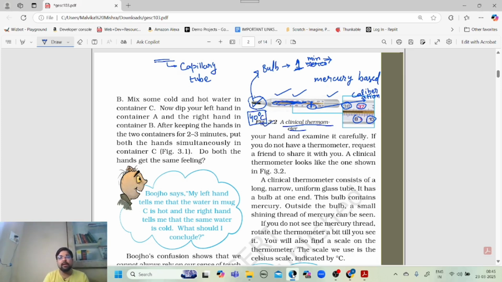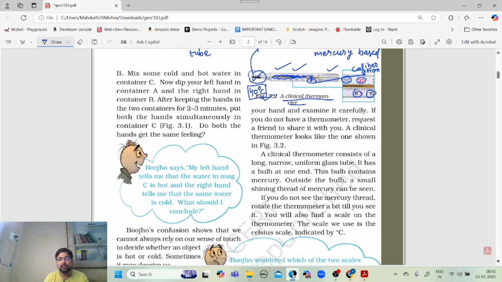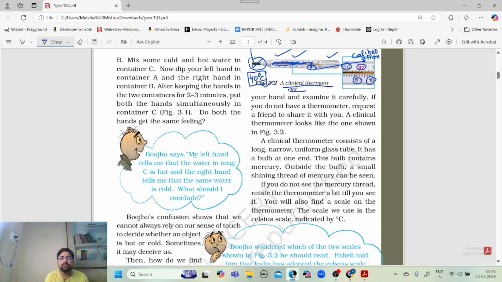Now suppose I ask you to use this thermometer and measure the temperature of ice water, the water which is as cold as ice, or measure the temperature of very hot milk.